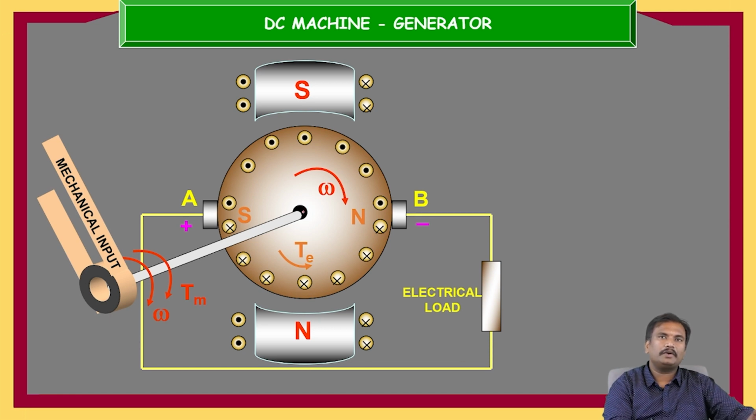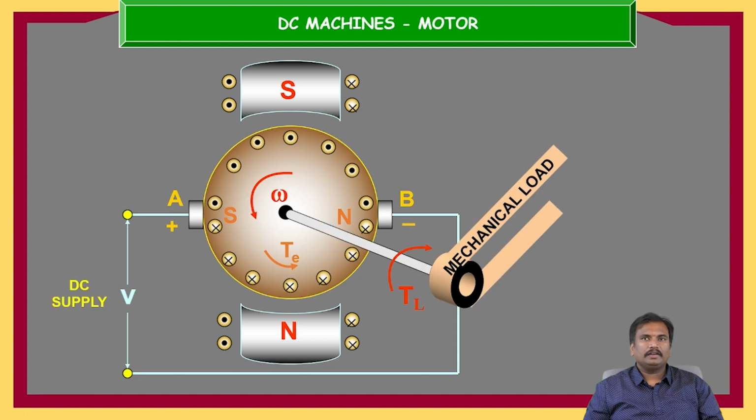When the rotor rotates inside the magnetic field, according to Faraday's law of electromagnetic induction, an EMF will be induced. In the motor case, we are going to give the DC supply. These are the basic pictorial representations.